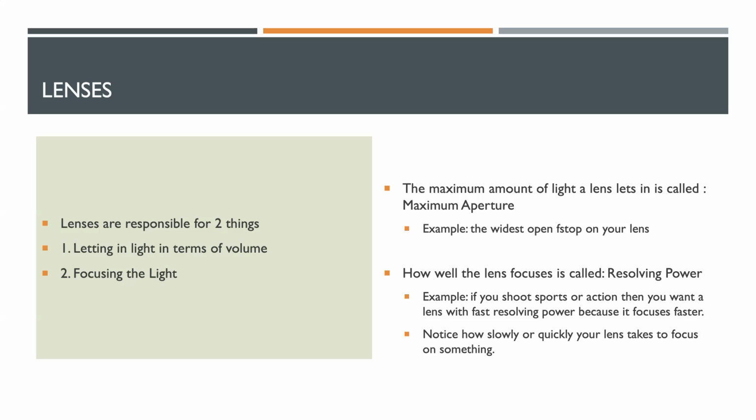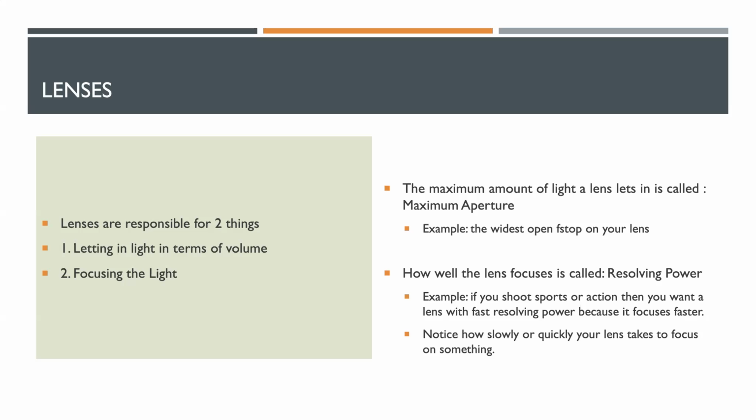But with our cheaper lenses, it has really slow resolving power, and it just takes a little bit longer to focus, especially on longer lenses. So if you have a telephoto lens that's like 75 millimeter to 300 millimeter, but wasn't a super expensive lens, or just came with your camera when you first bought it, then it probably also has a slow resolving power.